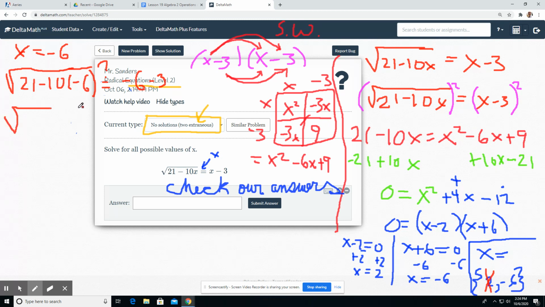Go ahead and just simplify. 21, a negative and a negative make a positive, so that's positive 60. Does that equal negative 9? Square root of 21 plus 60 is 81. Does that equal negative 9? Does 9 equal negative 9? No, that's false too.